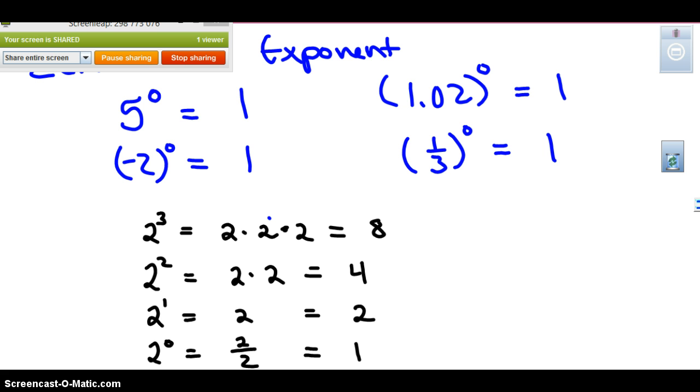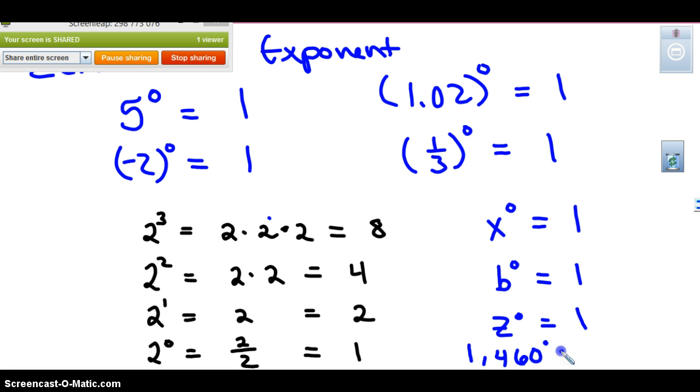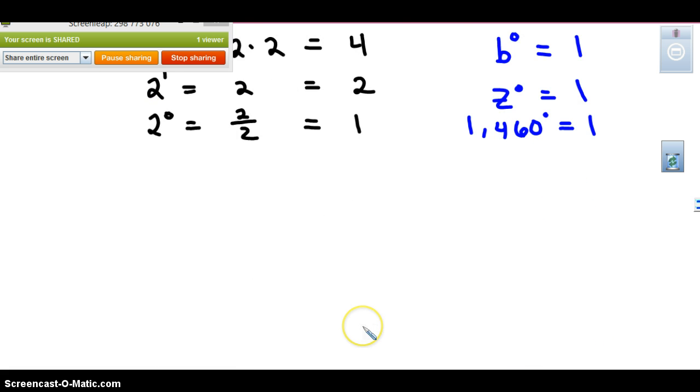So let's say we have a variable x to the 0 power. What can we conclude that equals? 1. B to the 0 power. What would that equal? 1. C to the 0 power. 1. 1460 to the 0 power. 1. Let's try a few.